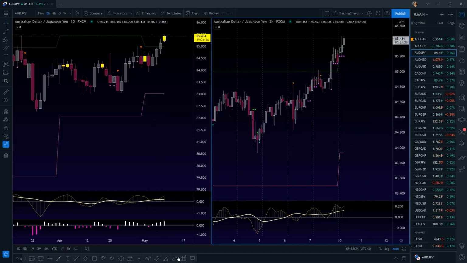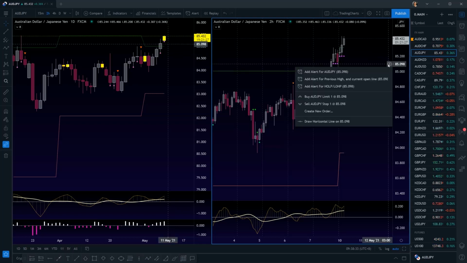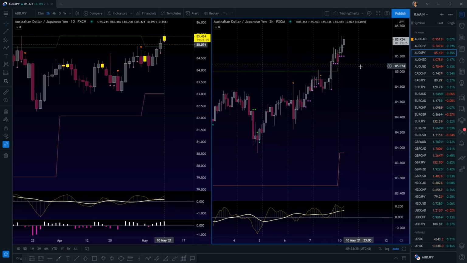Maybe a pullback, but that may not happen. So I'll just set an alert around here anyway to see if I can pull back to the weekly levels for upside. Not gonna mark it because until I see the trade happens, I'll come back to market, flag it.